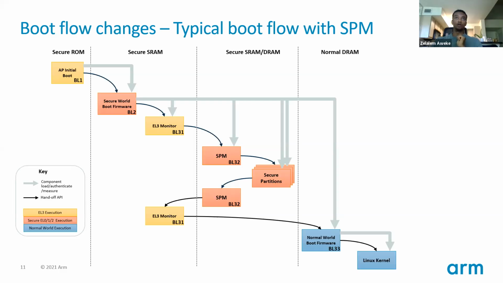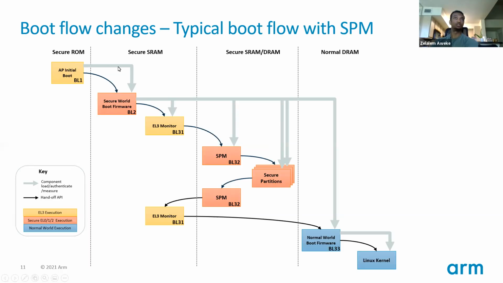So I'll just talk about the changes we have, starting with the boot changes. This is a typical boot flow with SPM. This is what we have currently, just a very simplified view of what the boot flow looks like if we have an SPM. In this boot flow, we start with a secure ROM.